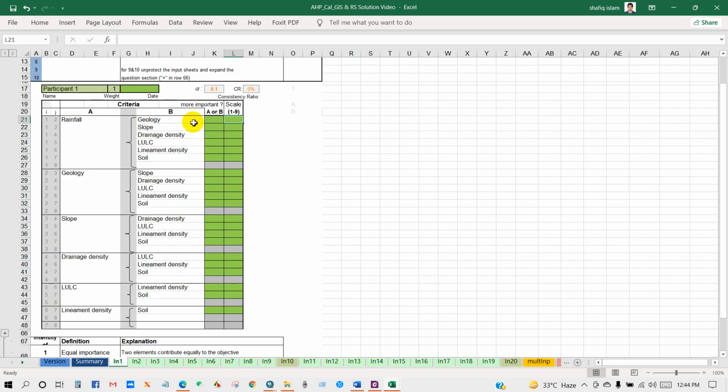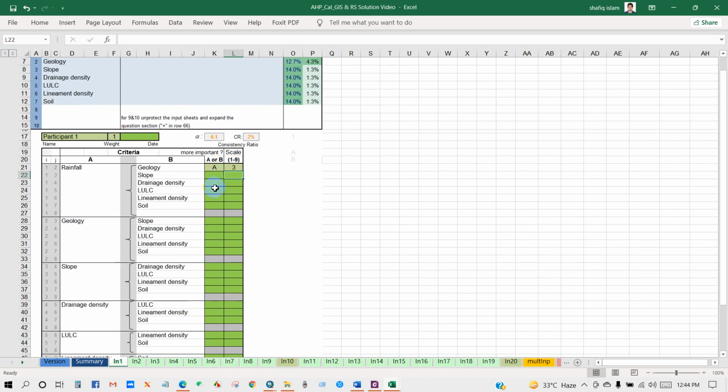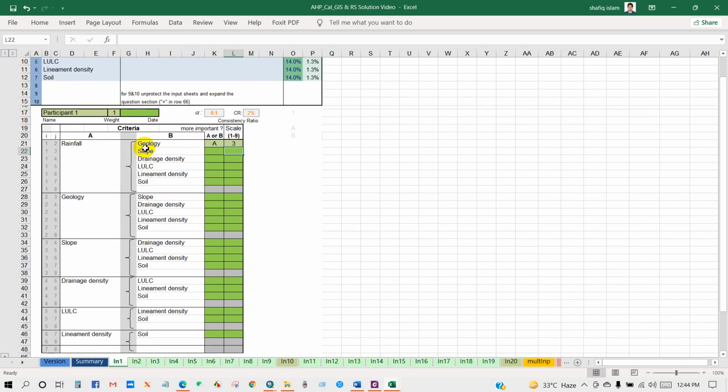First is rainfall. This is A and this is B. So which is more important, rainfall or geology? Rainfall is more important than geology. So A, and I'm giving the scale 3 for rainfall. Rainfall is more important than geology, and then rainfall or slope. Rainfall is more important than slope, so I will give 3 as a scale. And then rainfall or drainage density.